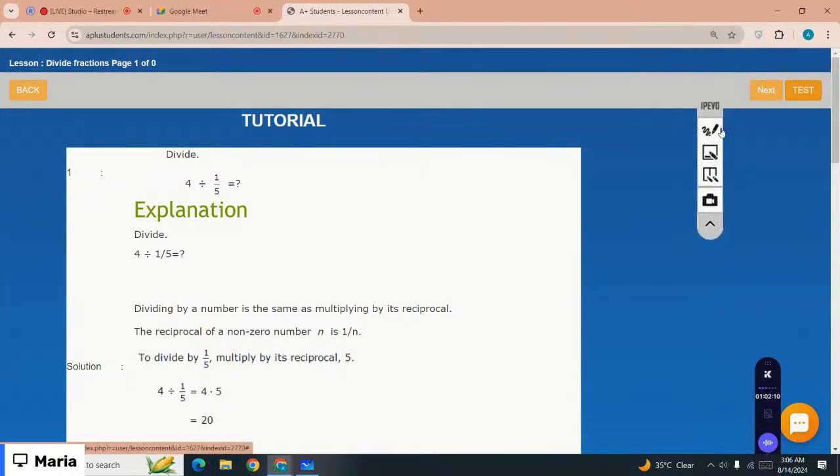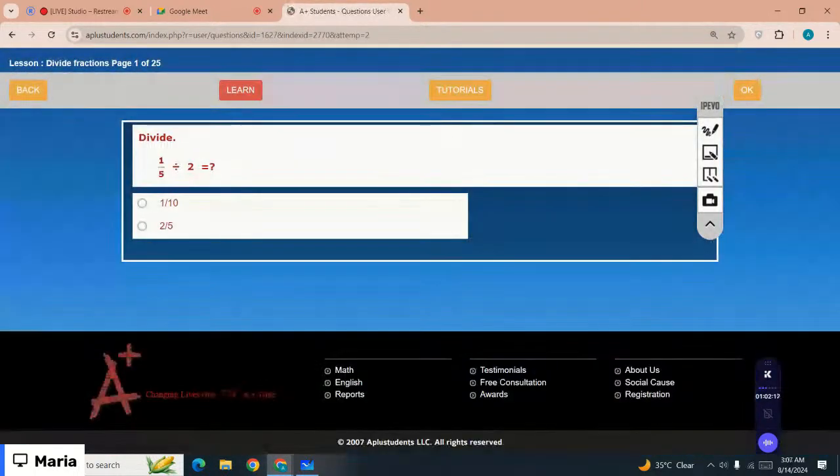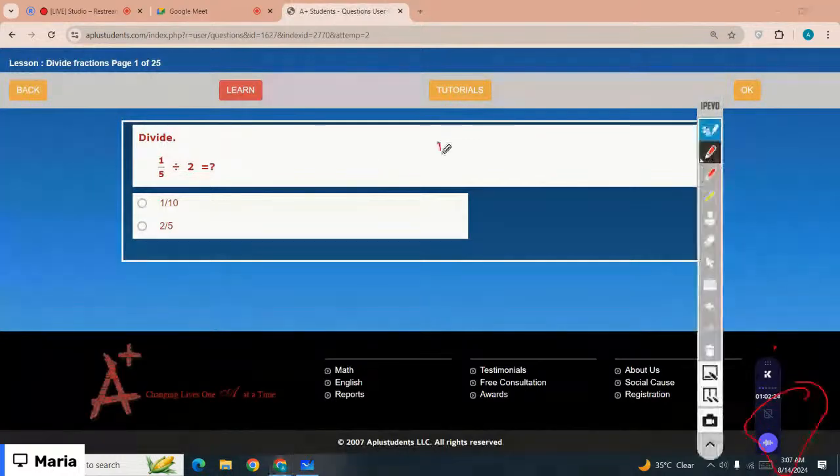Let's start with the test question. 1 by 5 divided by 2. You have to replace the division sign with multiplication and take the reciprocal of the term after, 2 by 1. The reciprocal is 1 over 2.